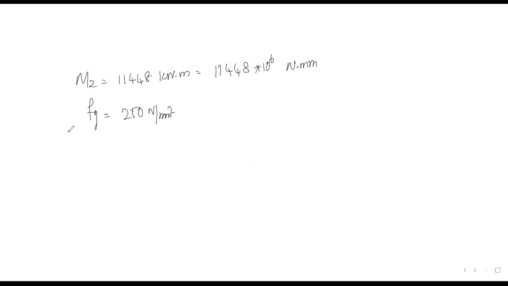Here Mz is equal to 11,448 kilonewton meter, and fy is equal to 250 newton per mm square, as given. And the k value we are going to assume as 180.